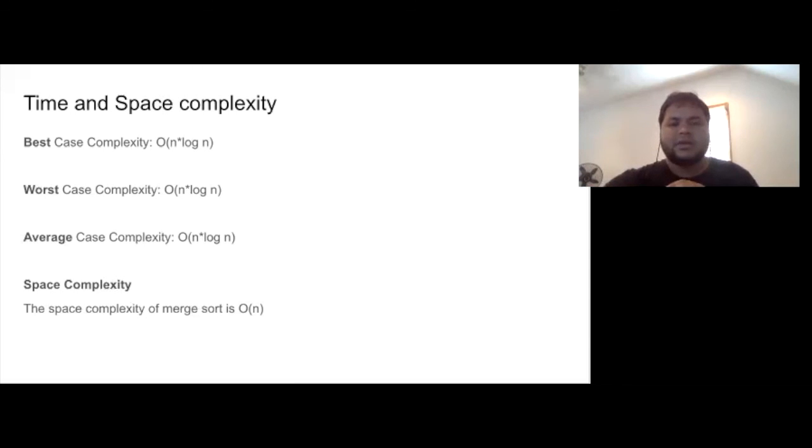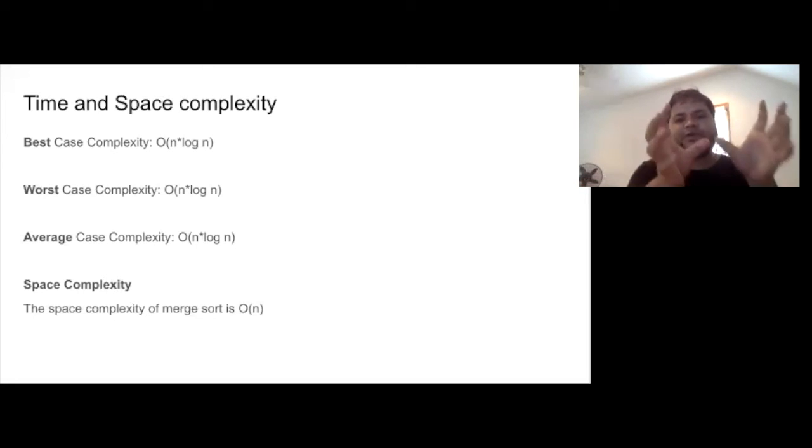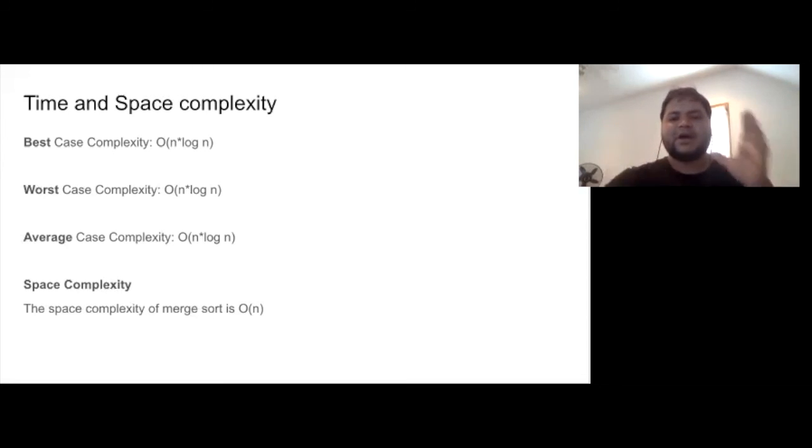Why? Because even if the main array is sorted, you will have to subdivide the arrays until you find the atomic array, and then compare. No matter if it is sorted or not, you'll do the same work. That is why in every case, the complexity of the merge sort algorithm is n log n.